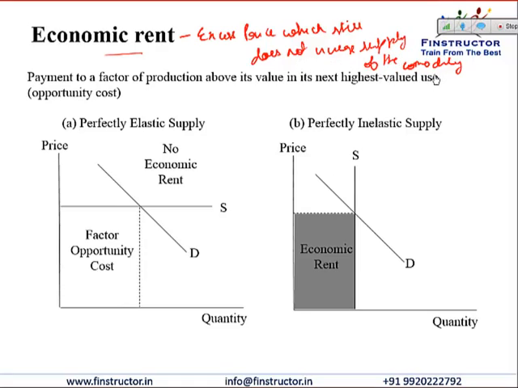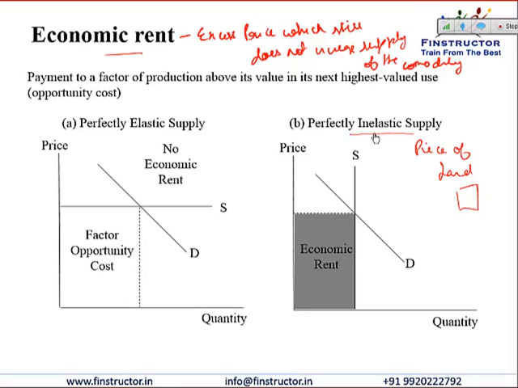So generally speaking, in the case of perfectly inelastic supply, for example, a piece of land in New York or anywhere, no matter how much price you pay for the land, will the supply of that land increase? Because that piece of land is fixed. In Manhattan, for instance.